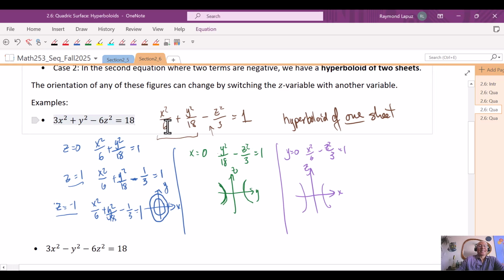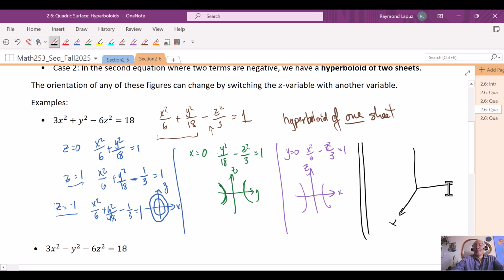Alright, now let's imagine trying to draw this in 3 dimensions. So in our x, y, z space, on the xy plane we have ellipses, so we can imagine these ellipses up and down along the z-axis, ellipses that look like they're getting wider. If we draw x equal to 0, that's the yz plane. If we draw along the yz plane, we're opening along the y.